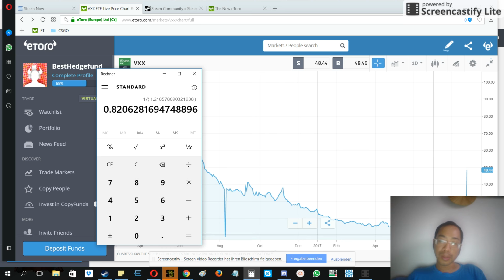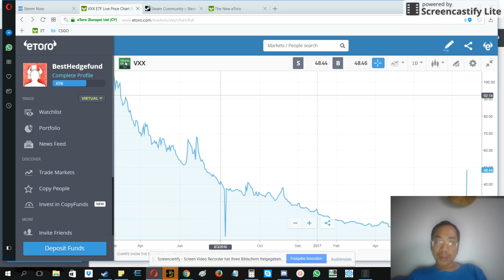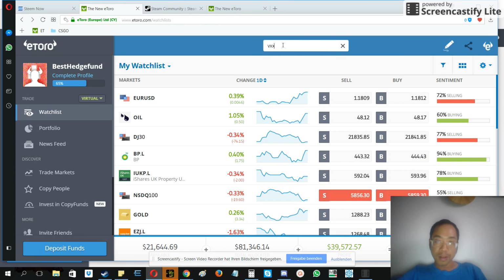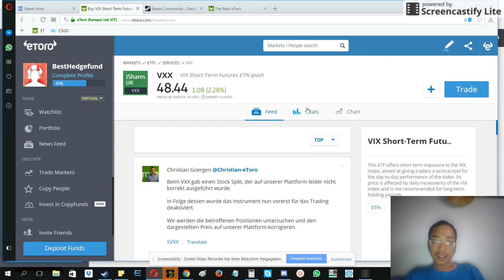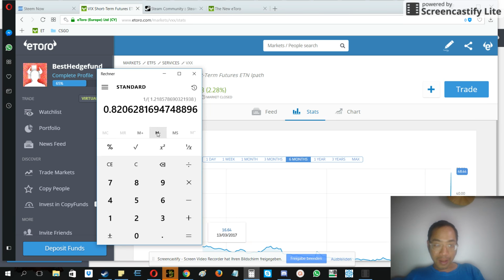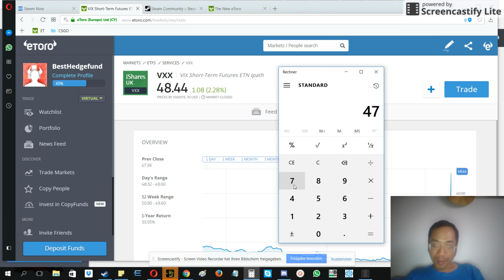So let's see what actually happened. First example, we check the day before. Let me go quickly backwards. VIX. Usually the previous close, you see right now, is 47.36, divided by 4, so this was the previous close day.